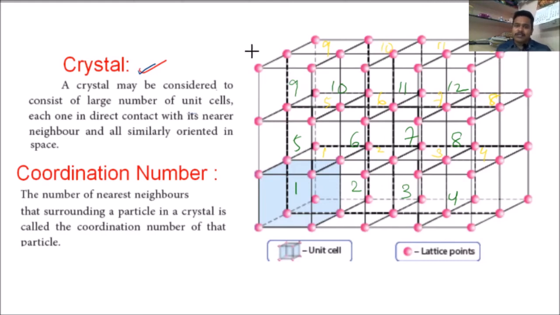For example, this crystal is the repeating of how many cubes? Almost 9 plus 9.